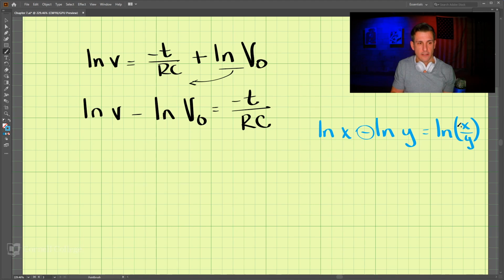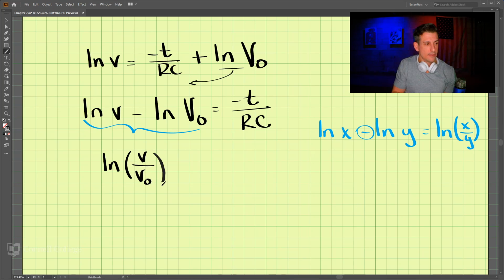So the subtraction becomes division. So that becomes the natural log of v divided by v naught equals negative t over RC.